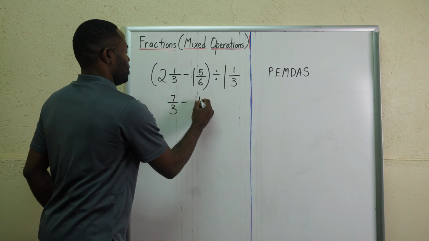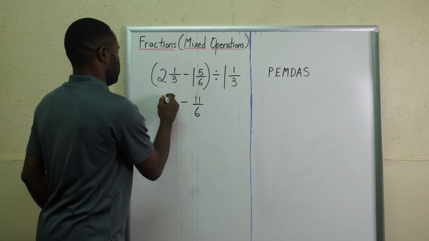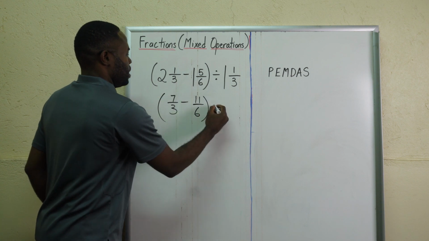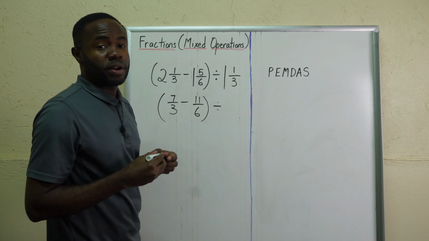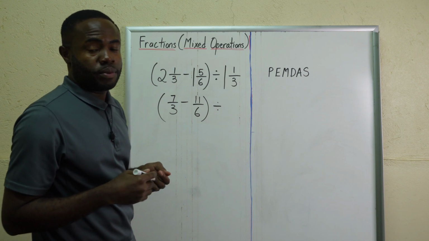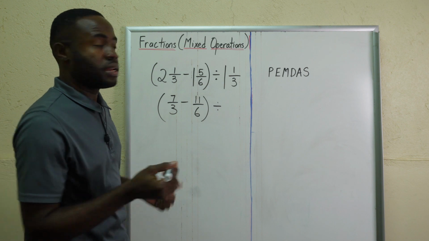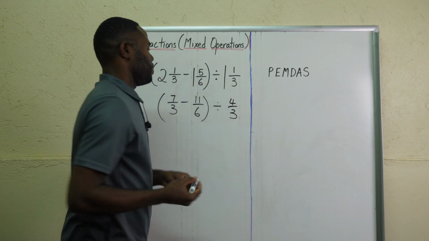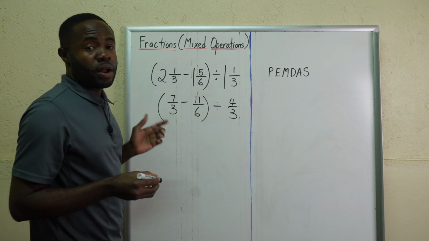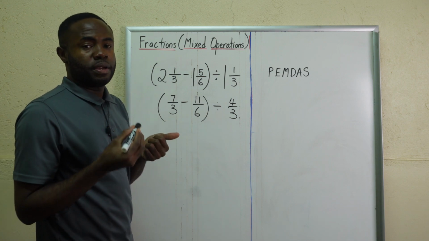So it's 11 over 6. Put back your parentheses. Then we'll divide and then convert 1 and 1/3. So that will be 3 times 1, which is 3, and plus 1, that will be 4 over 3. So now we have converted all our mixed numbers to improper fractions.